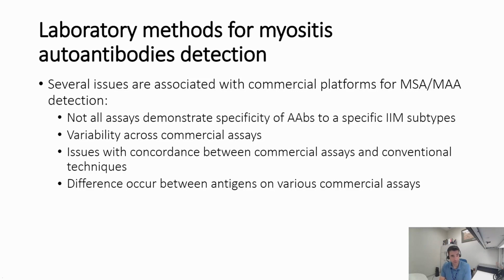So that has to be considered if you're trying to verify or validate a line blot or a dot blot against a more traditional method like immunoprecipitation. And like I just briefly mentioned, there are differences between antigens on various commercial assays, which may impact the degree of positivity compared with another commercial vendor.